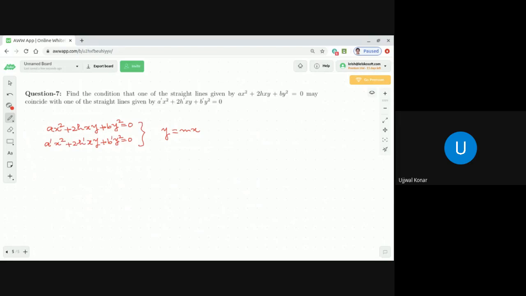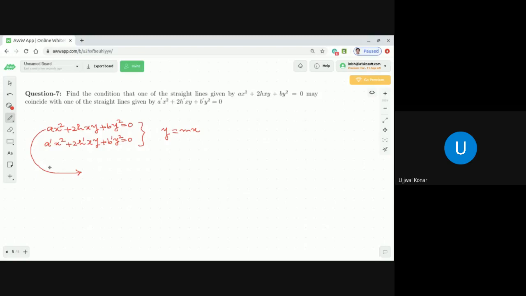Correct or not? So if we substitute mx for y in both the equations, wherever we get y, we are going to write mx. So what are we going to get?